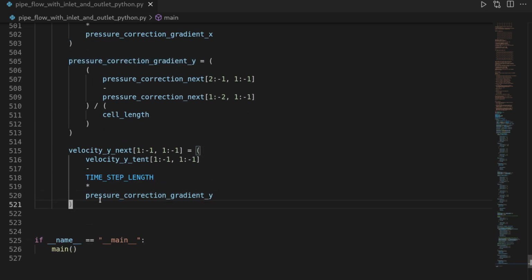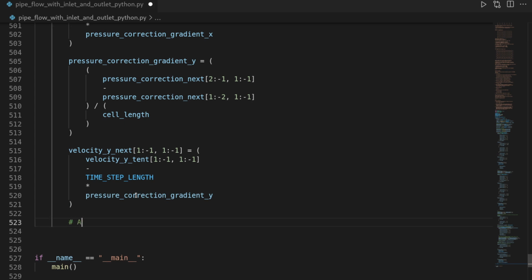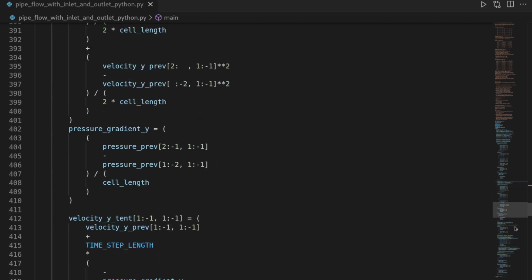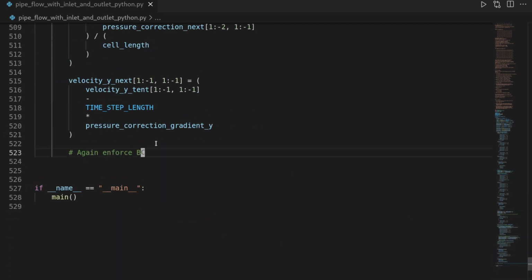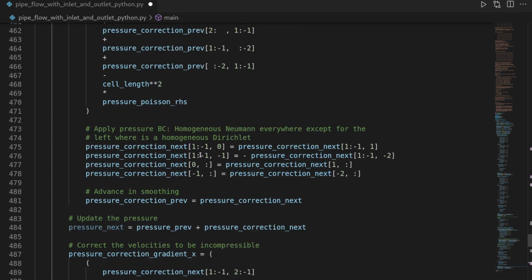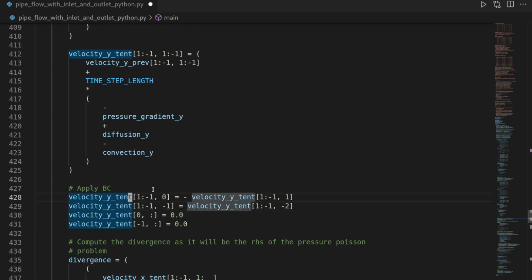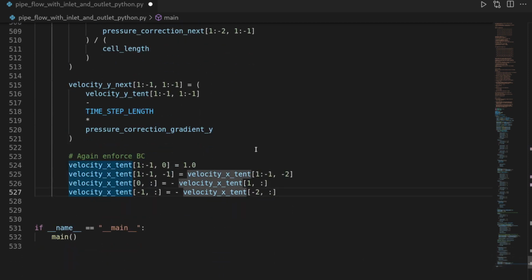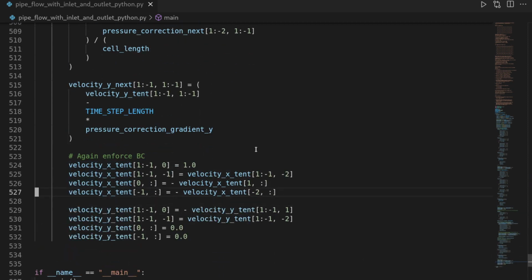We have to again enforce the boundary conditions. But for that, I will just copy this. So here we have the velocity in x boundary conditions. So I will first copy both of them down. So get me the y velocity as well. It's because they do not change in the way they are prescribed. They are just now prescribed on the velocities next.